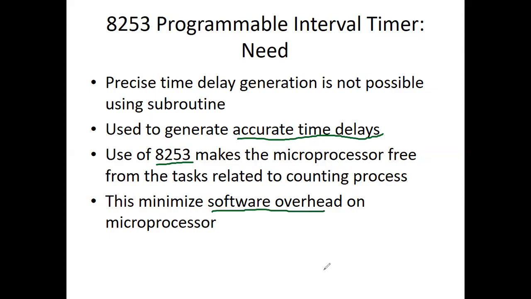So basically the 8253 is used with a microprocessor, and the purpose of this IC is to generate time delay and perform tasks related to counting.